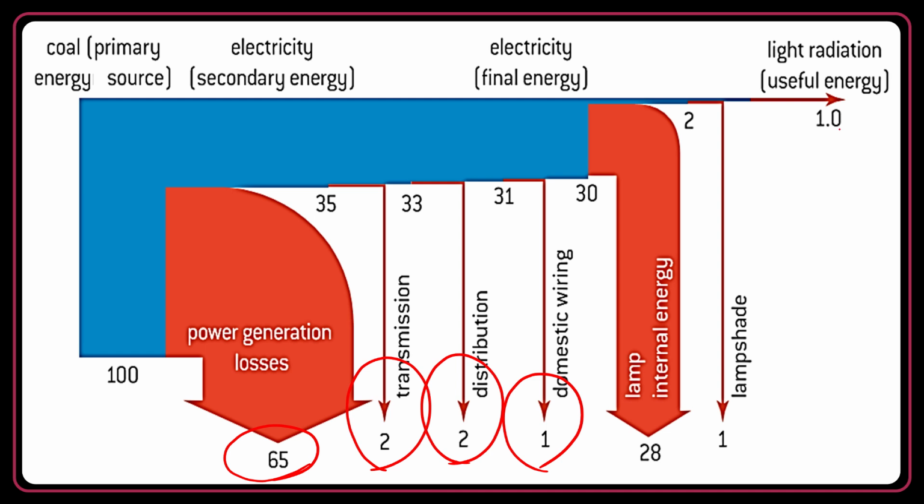Finally, just 1% of that, or 1 joule of the total 100 joules, is regarded as light radiation, the useful energy. Here, this 35, 33, 31 are indicating the useful energy or usable energy in this energy flow. And finally, you see this was just 1% available as the useful energy.